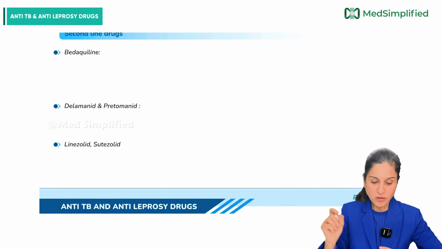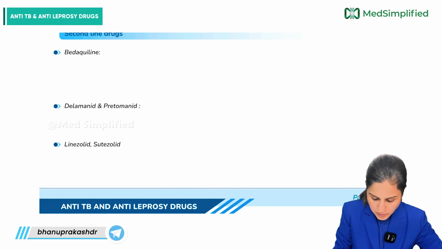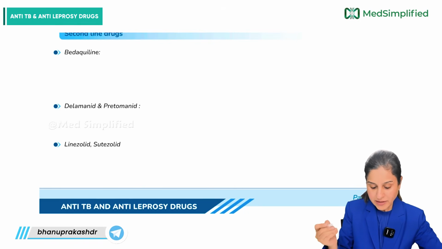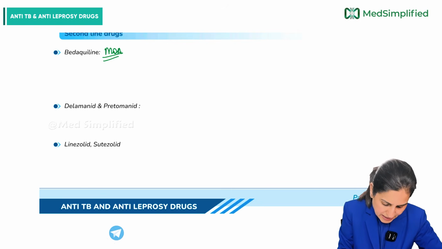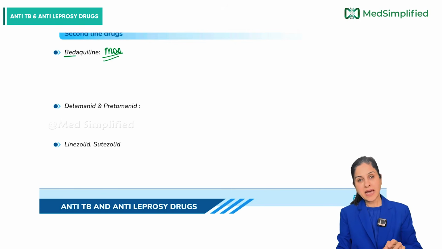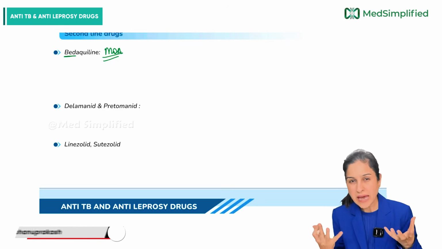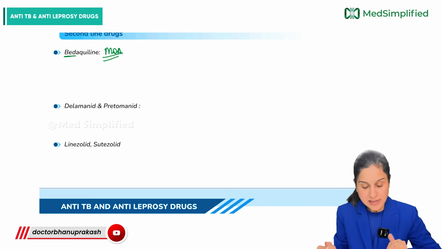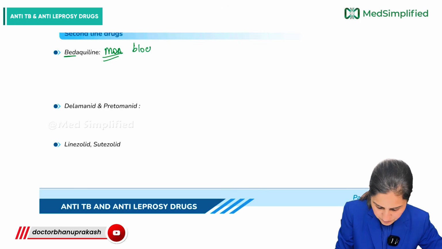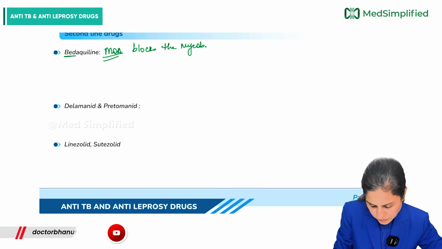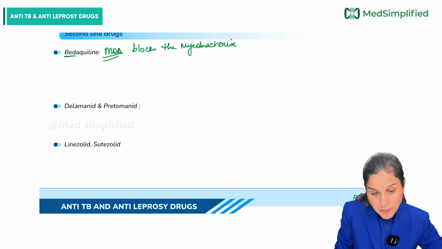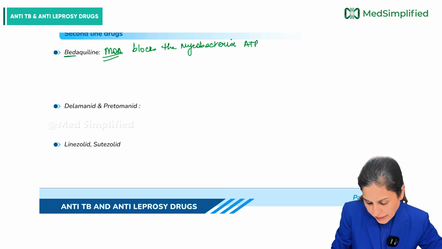Okay. All right. Moving on to the second line drugs. Very, very important. Quite often asked. What are these important newer second line drugs? So one is bedaquiline. What is the mechanism of action of bedaquiline? See, the name says that it always lies on the bed and is resting only, right? It has no energy. So what bedaquiline does is it blocks the mycobacterial ATP synthase.